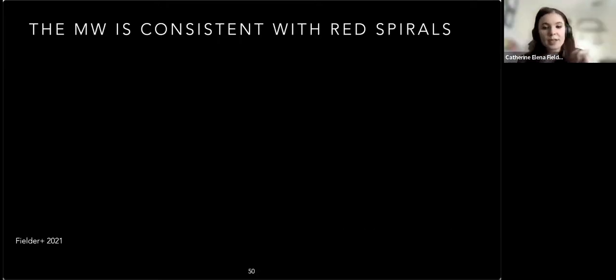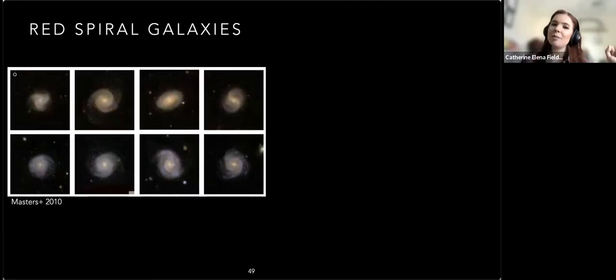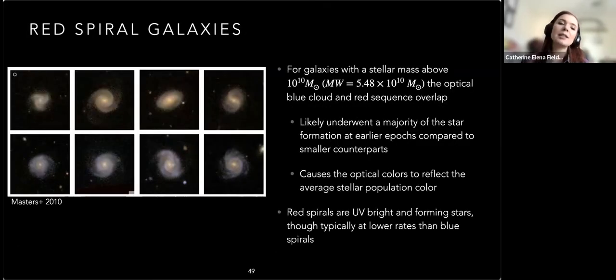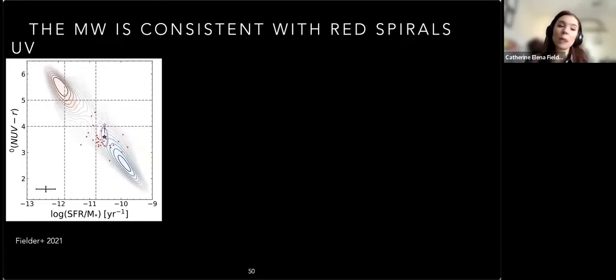So we can actually compare this sample of red spiral galaxies from Masters 2010 that overlap with our galaxy sample to the Milky Way. Shown here first is the UV color versus specific star formation rate plot that I showed you before. Now all of these red points are the red spiral galaxies from the Masters 2010 sample that overlap with our sample.